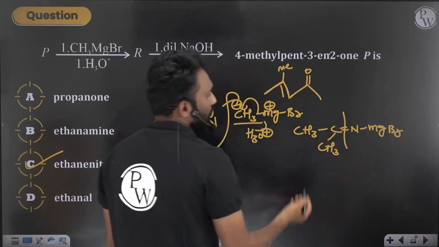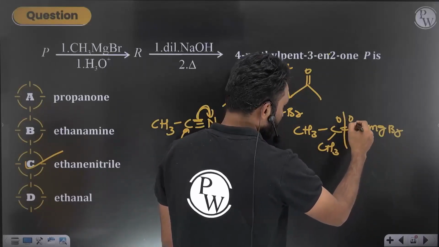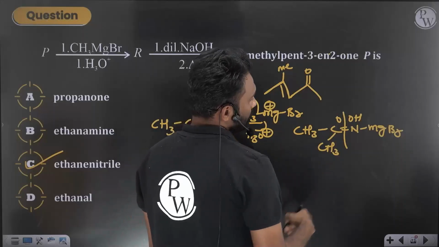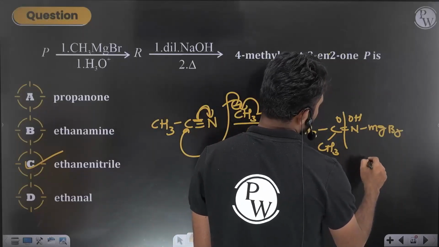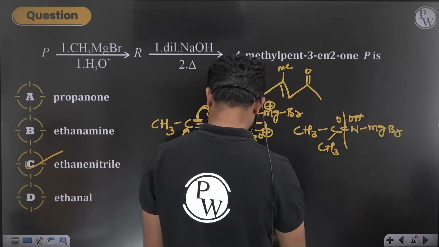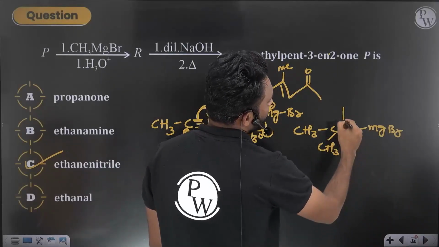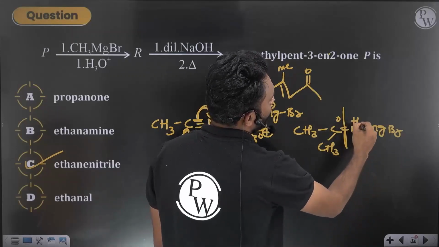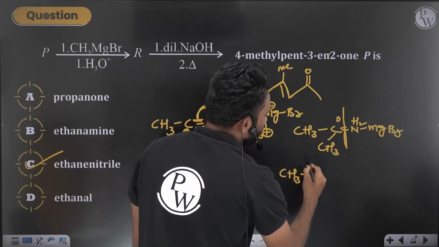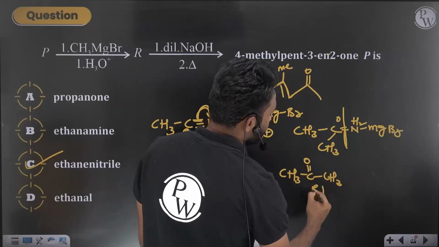Upon hydrolysis, the oxygen attaches to this carbon and the 2 hydrogens go to the nitrogen. Now we get acetone. R is acetone.